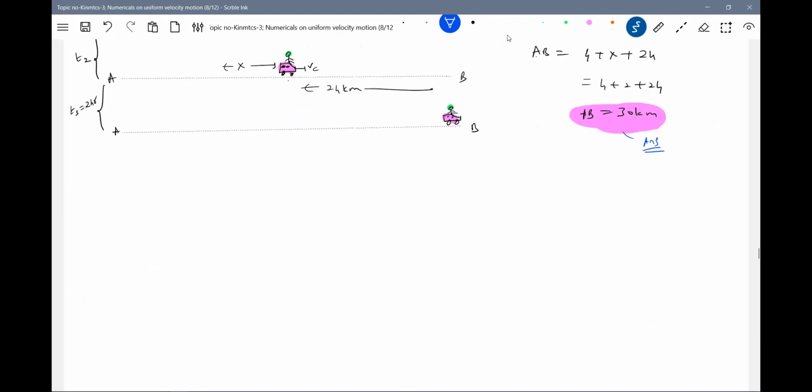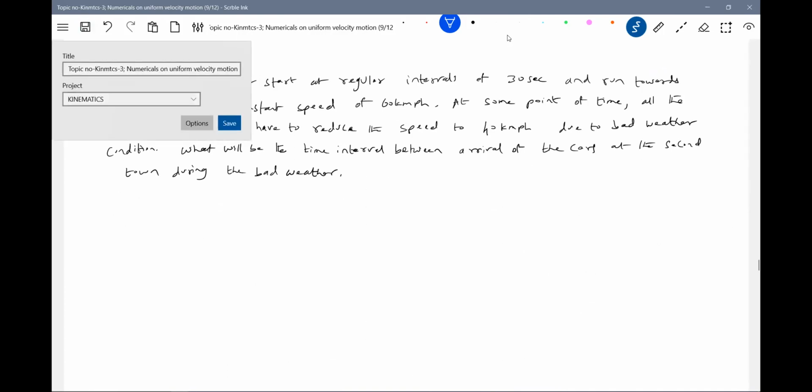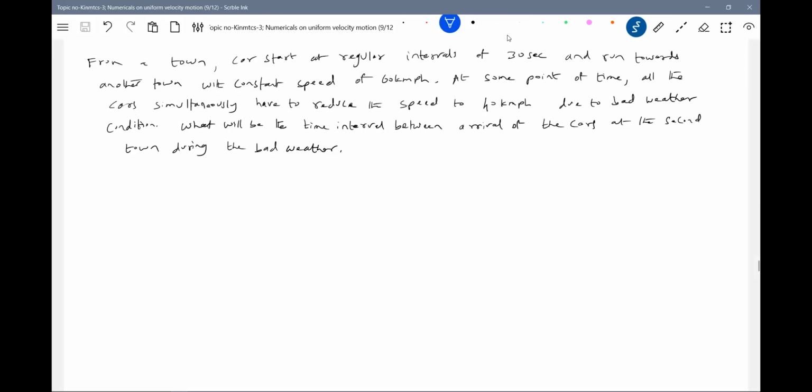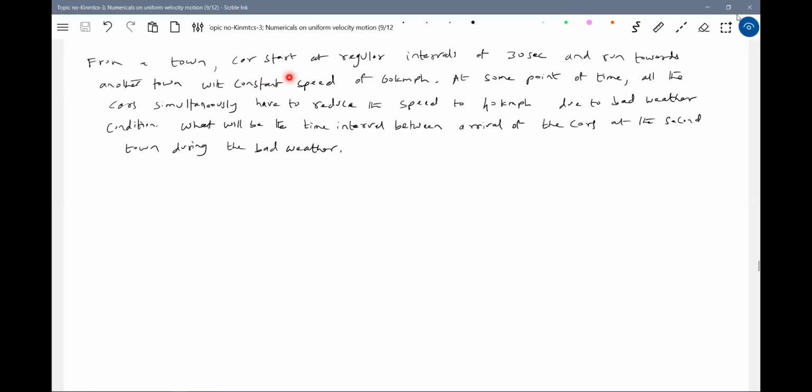Let's take the next problem. Let me save the data. Read the question. From a town, cars start at regular intervals of 30 seconds and run towards another town with a constant speed of 60 km per hour.